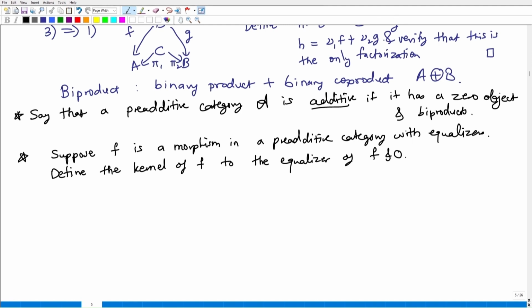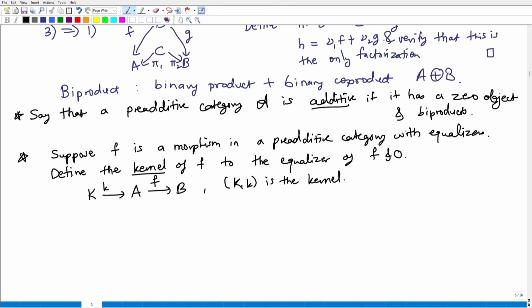Just a bit of notation here, I am taking f from A to B. The kernel is actually this whole thing. So the kernel is (K, k), continuing our tradition. So (K, k) is the kernel. The morphisms are important, unlike in algebra where we only consider this capital K as the kernel object.